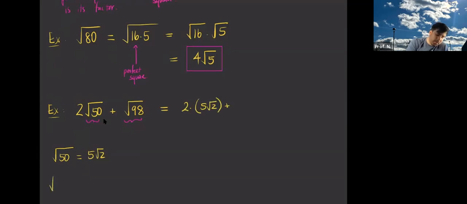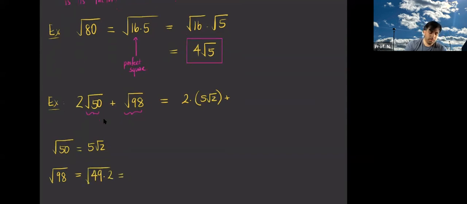But then what's the square root of 98? How can I break down the square root of 98 with two factors where one of them is a perfect square? So you have to know the perfect squares. The perfect squares are 1, 4, 9, 16, 25, 36, and if you go to 49, 49 times 2 gives me 98.